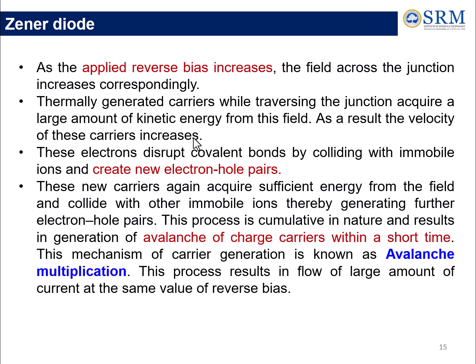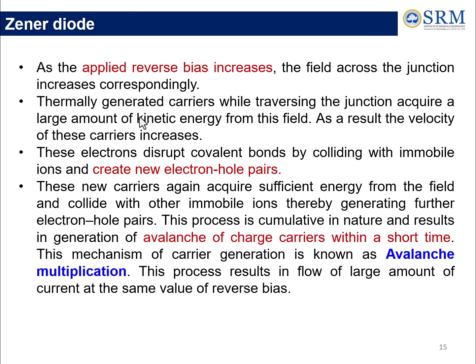These electrons disturb the covalent bonds by colliding with immobile ions, and they create new electron hole pairs. These new carriers again acquire sufficient energy from the field and collide with other immobile ions, thereby generating further electron hole pairs. This process is cumulative in nature, and hence we are able to generate an avalanche of carriers within a short time.